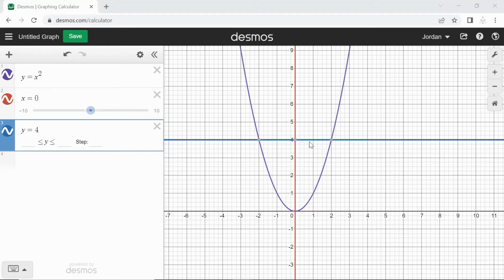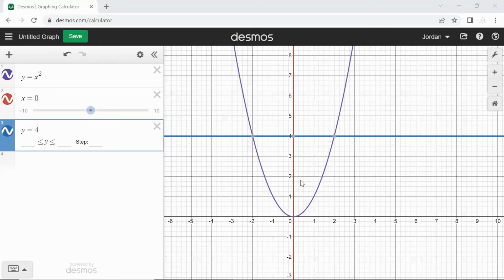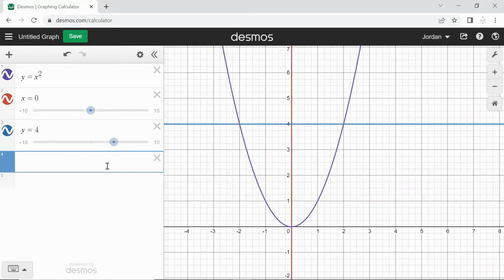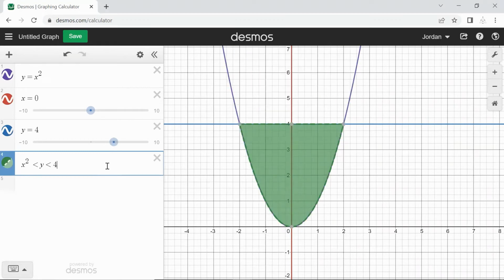Let's go ahead and do that. Notice that the top of this region, let me go ahead and shade that region. There we go.